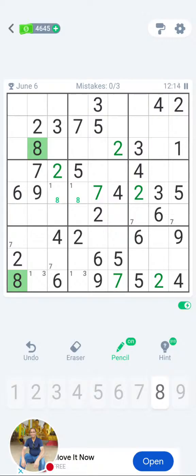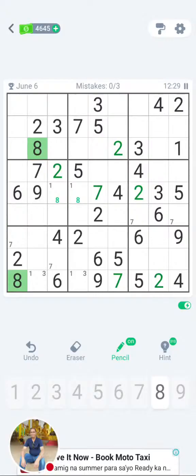Now when I look at number 8, there is an 8 in the first row, in the first vertical column, and in the second vertical column. In the third vertical column there is no 8, and it can only come in the middle grid, in the middle line or the bottom line.